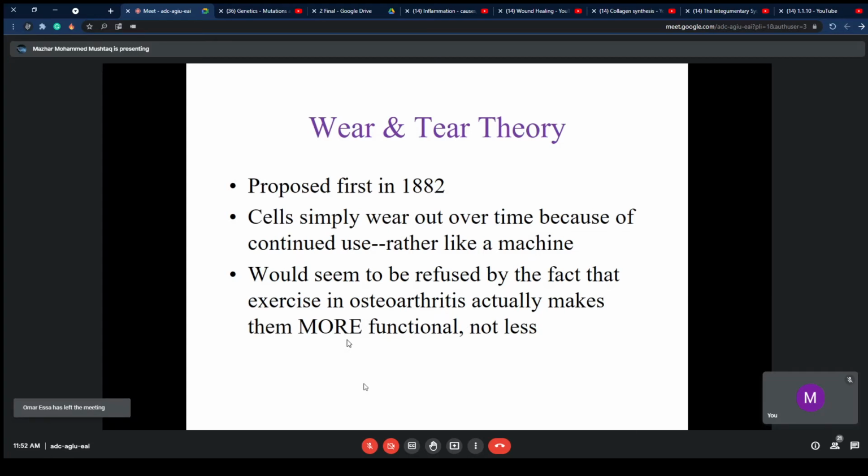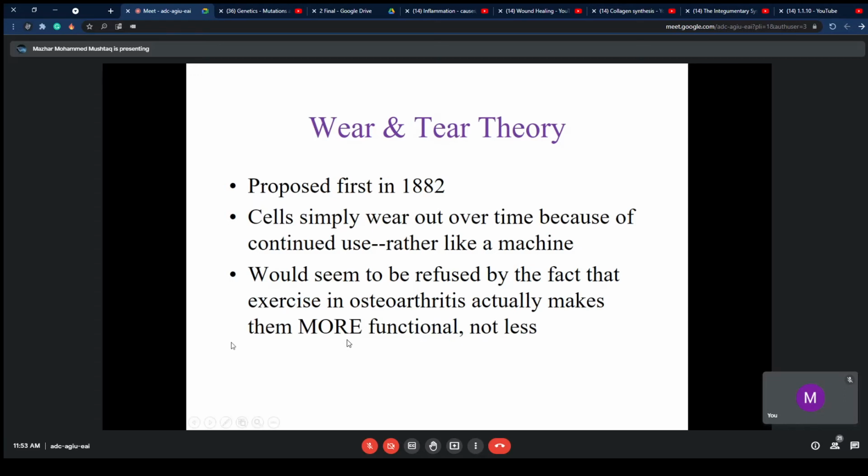For example, the cells of our intestine, the cells of our heart, which are continuously doing their job, just like if you take a car from Jeddah to Dammam, that is going to have a very significant impact on the working of the car. Similarly, the cells are continuously doing their job, and in the end they become exhausted, and that would kill the cell, and it will not be able to divide. So that would result in aging.